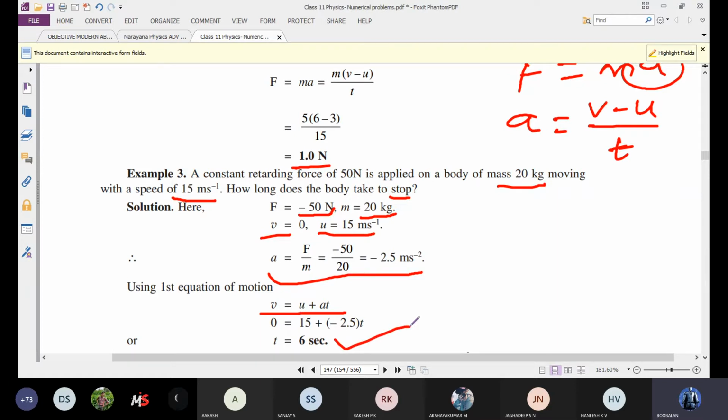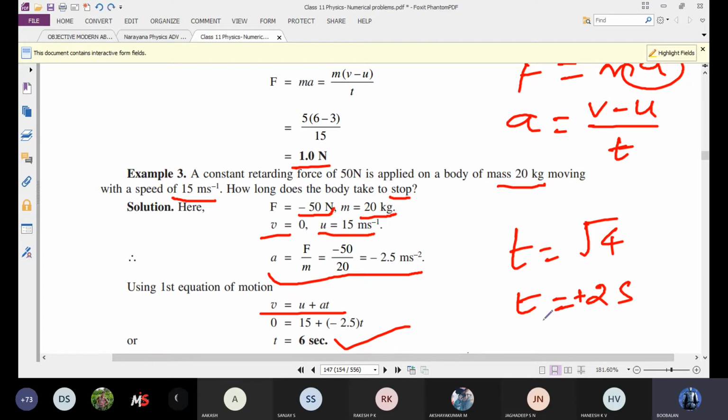If you mention the time value as negative, it is wrong. Sometimes it will become a root value. t is equal to root of 4, so t value is 2. This is a positive value. Plus or minus is there, but you should take only positive.